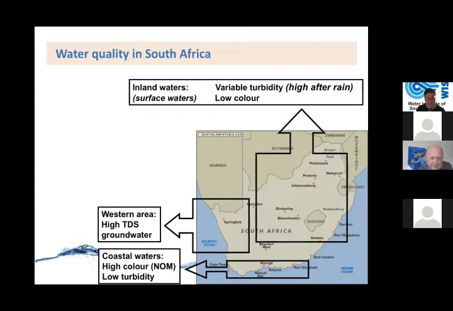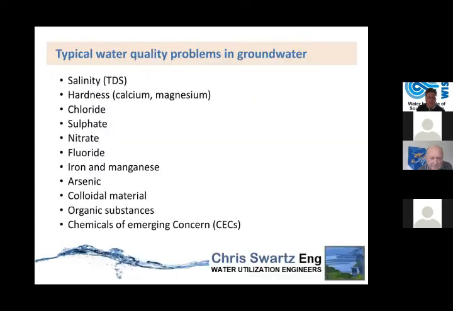So now you're getting your brackish water or your high salinity water. That causes both aesthetic problems, the taste is not good, and it can also cause some health problems depending on the concentration. So that's the main quality divisions that we have in the country. In terms of groundwater, we saw on that previous slide, it's mostly dissolved salts that cause the problem, total dissolved salts or TDS.